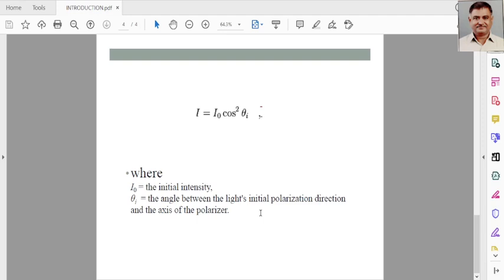Therefore, we can say that the two wave surfaces touch each other at two points, and the line joining these points defines the direction of the optic axis.